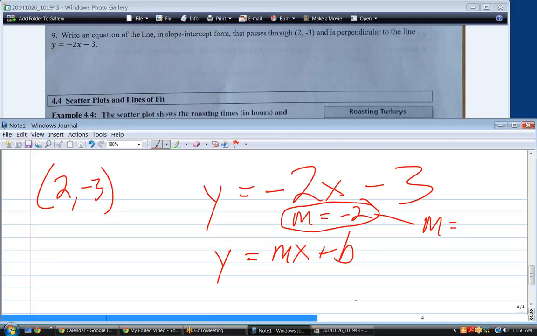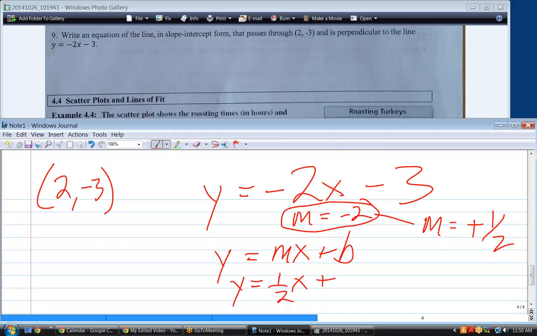If I wrote -1/2, I have taken the reciprocal, but not the negative reciprocal. So it would be 1/2. You have to apply both steps. You can't just reciprocate it. It's positive 1/2. So now we know that our new line has a slope of 1/2.